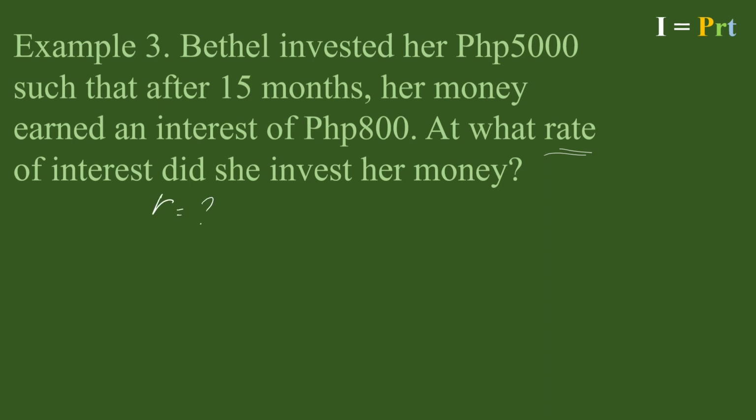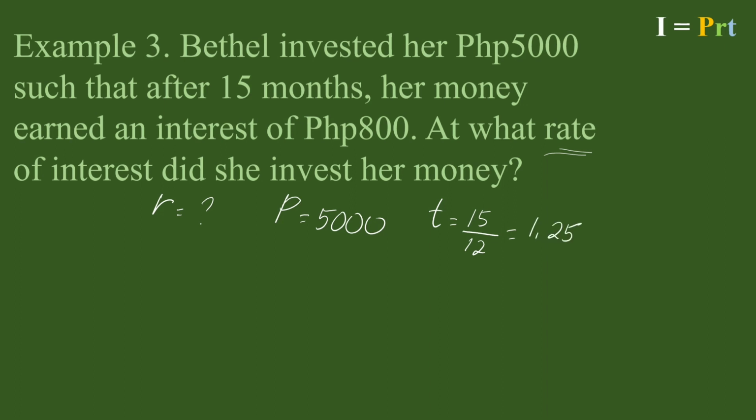And then let us identify the I, the P, and the T in the problem. So, 5,000 pesos is the principal. And then 15 months is time. Now we will divide 15 by 12 because the unit of time should be in years. 15 over 12 is 1.25 years.